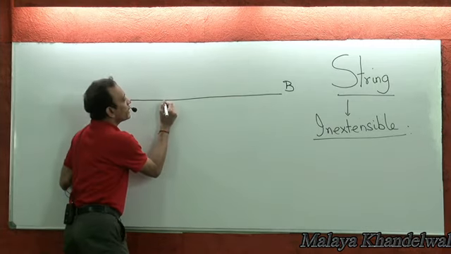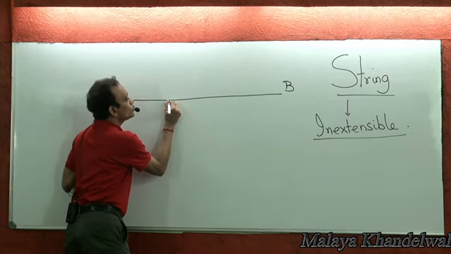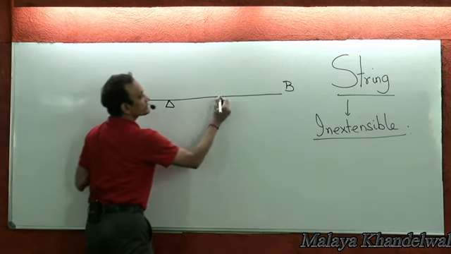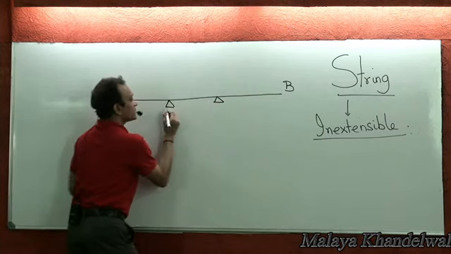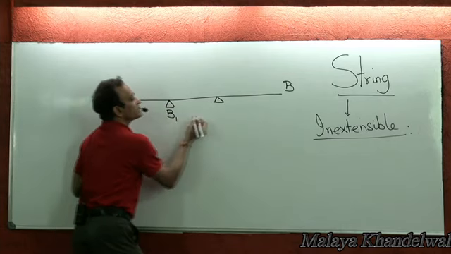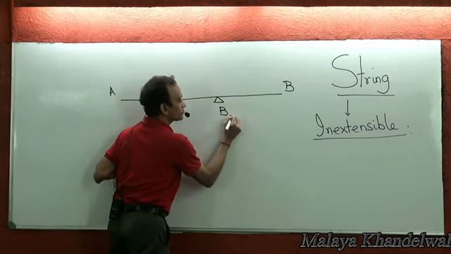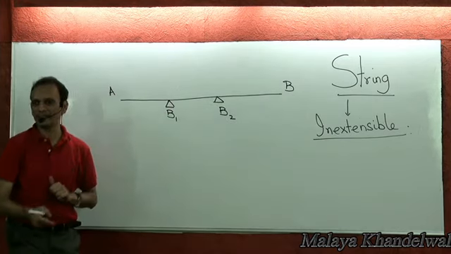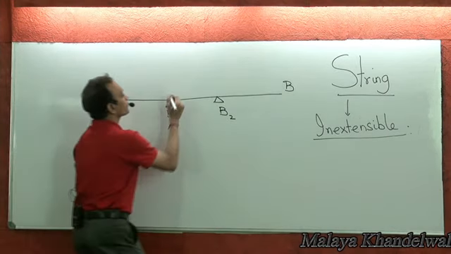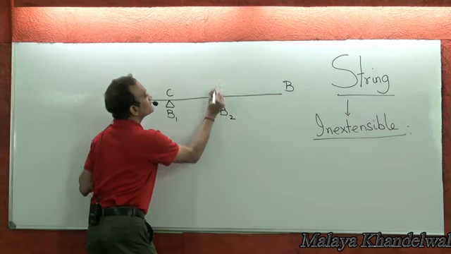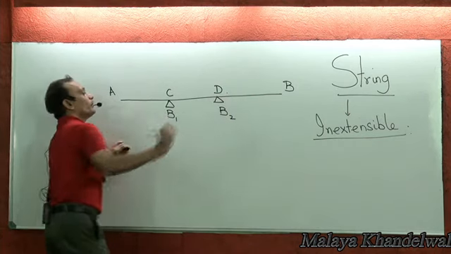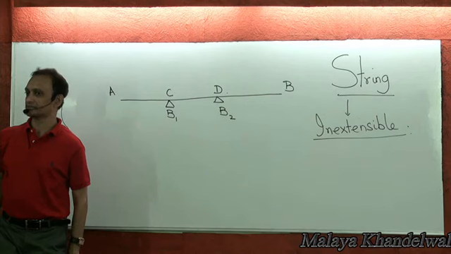Now, say I place two moving bridges. Say there is bridge B1 and there is bridge B2, placed along the length of the string at points C and D. These bridges are placed.